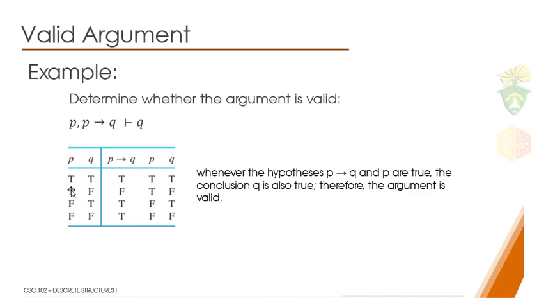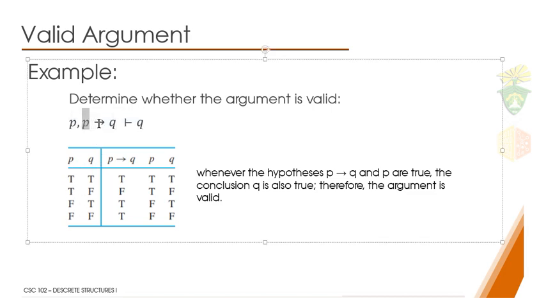So we have P: true, true, false, false, and Q: T, F, T, F. These are the possible combinations of our two propositions. Now let's see the truth value of if P then Q. So we have T, F, T, T. Again, an implication is false only when the antecedent is true and the consequent is false. So here is the only false truth value.